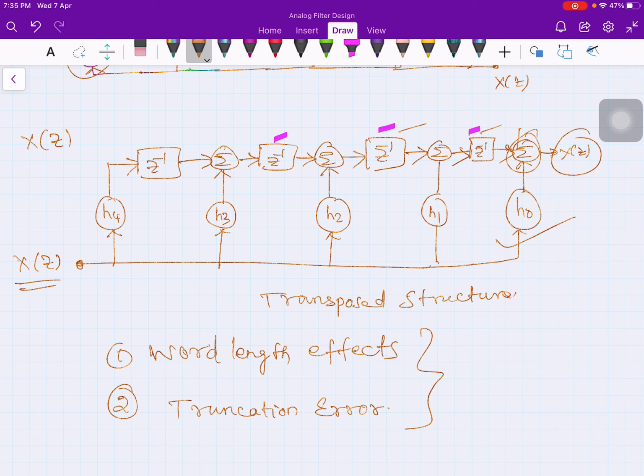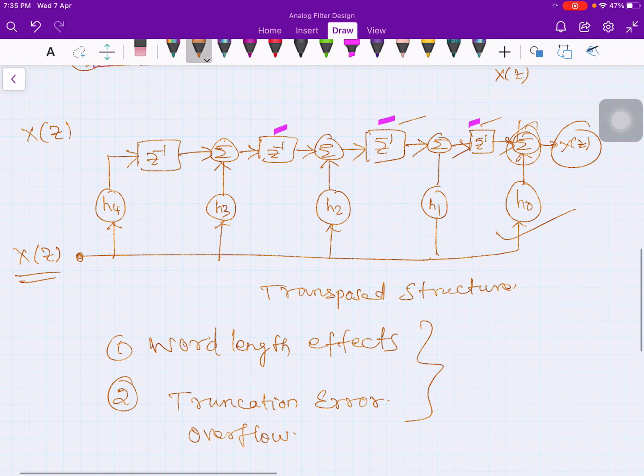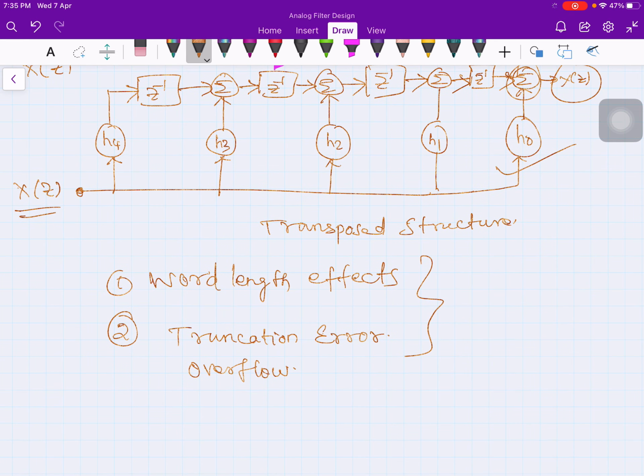So these two things we need to remember. One has to be very careful about these things. And this word length effect comes because of the truncation error, and there is overflow because of hardware limitations.